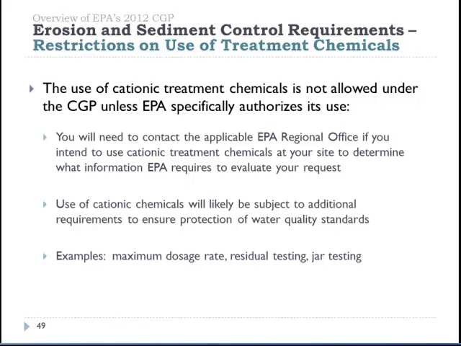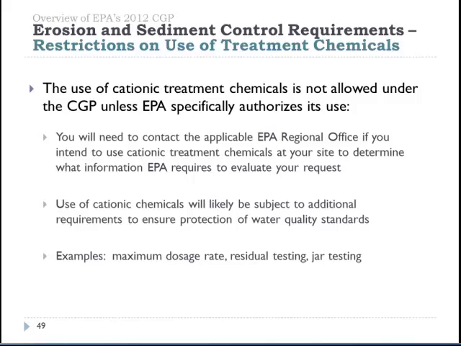And what we came up with in the final permit was to not outlaw or prohibit the use of these cationic chemicals, since again they are very effective. What we're really getting at is how to ensure that they're being used and managed effectively and safely, and so the use of cationic chemicals under our permit is not allowed unless the operator specifically gets approval from EPA.